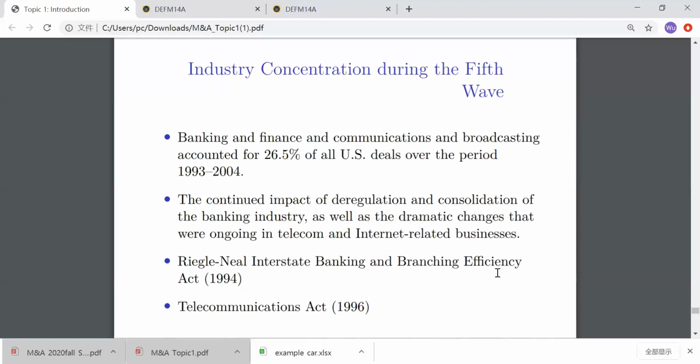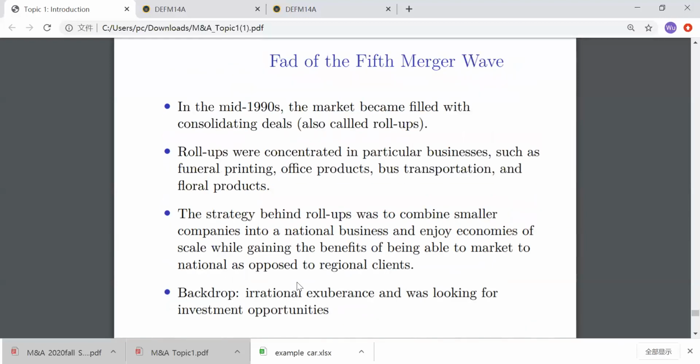Remember what I just talked about: in the 1980s, all these deregulations happened at the state level, but this one is a federal regulation that unified the efforts by the states, basically allowing banks to enter other states. That's why it's a deregulation. And also the Telecommunications Act, which I already talked about, was also designed to reduce entry barriers in the telecommunication industry.